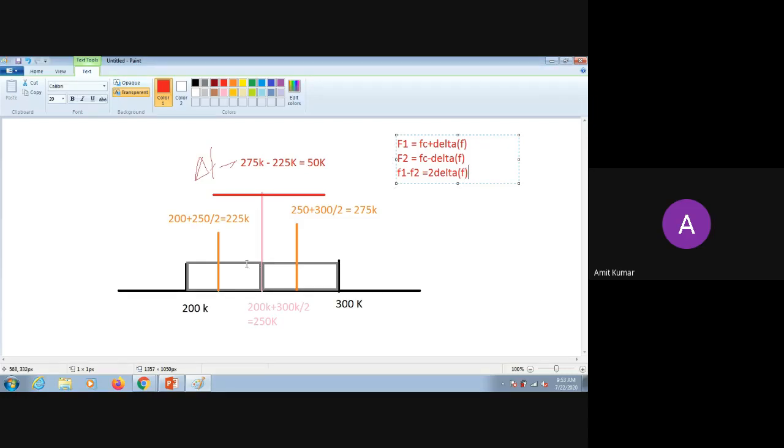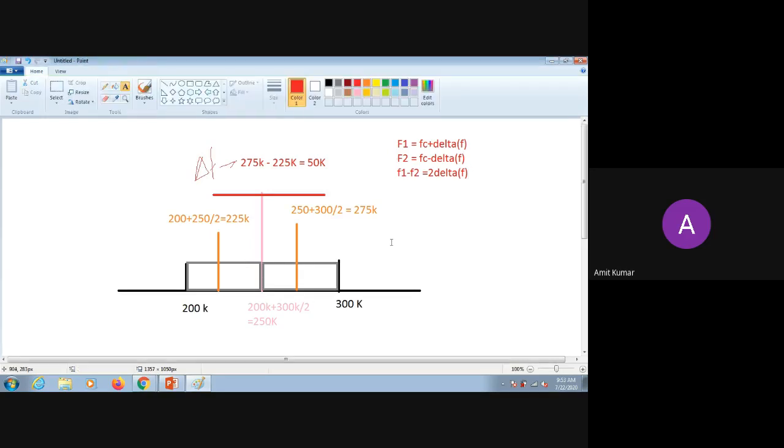Because if you send two signals, you should know the difference between those frequency components. Here you will see that we are not sending only one ASK signal, we are sending two ASK signals at a time if your signal is binary.